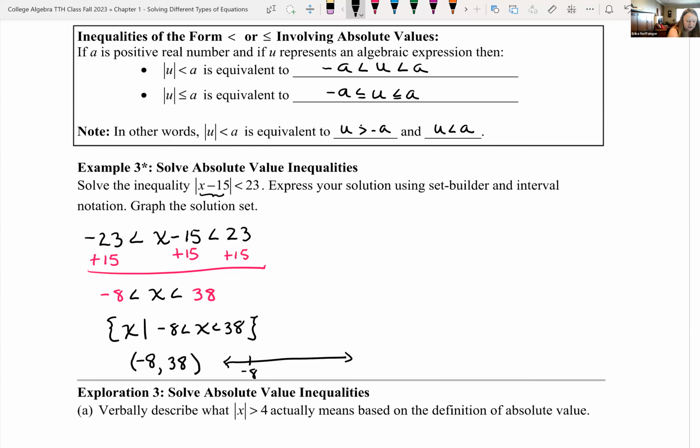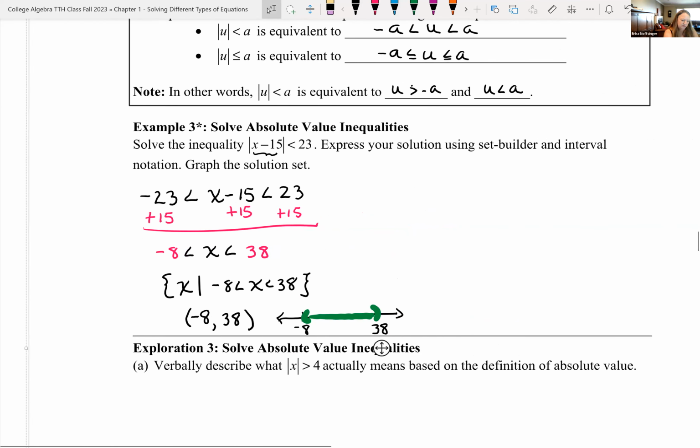We're looking at all numbers ranging from -8 to +38, but we're not including those values, and so we have parentheses on each side of the end values of our inequality, and then we have everything shaded in between. So that was if you have less than sign with the absolute value.